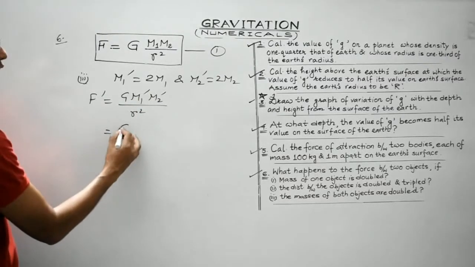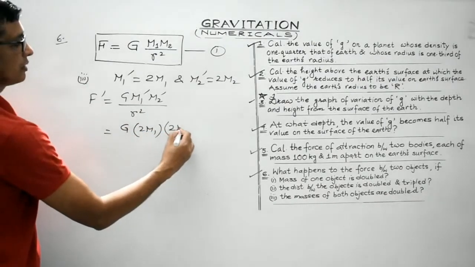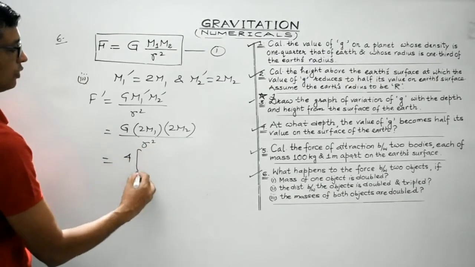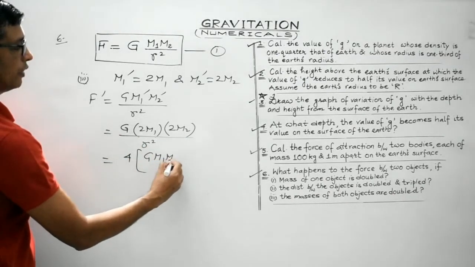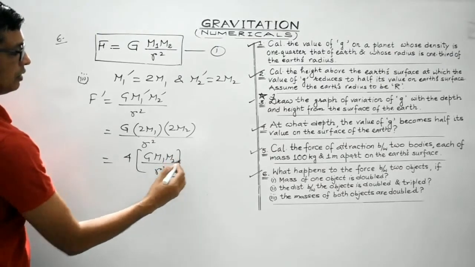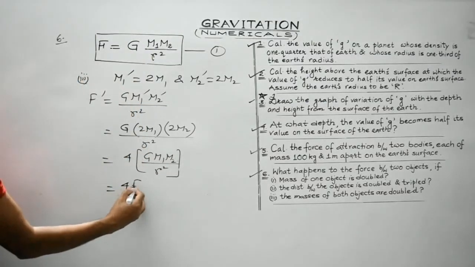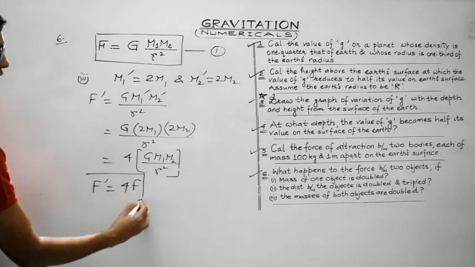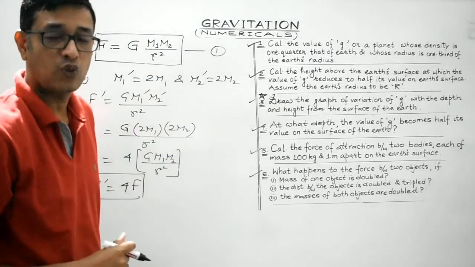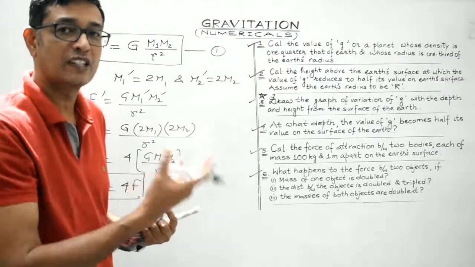So substitute the values. G, m1 dash is twice m1, m2 dash is twice m2, divided by r square. That will give us 4 G m1 m2 divided by r square. So what you get is 4 times the original force. So it is obvious that if the masses of both the bodies are made twice, then the gravitational force between those two bodies will become 4 times.